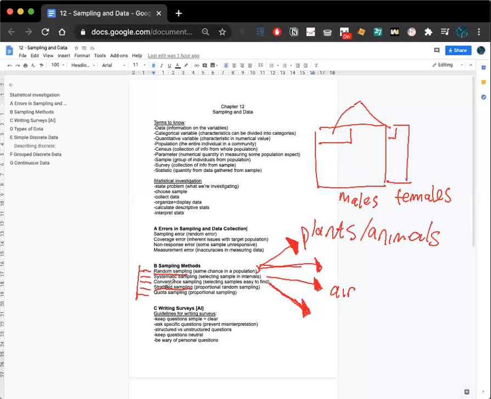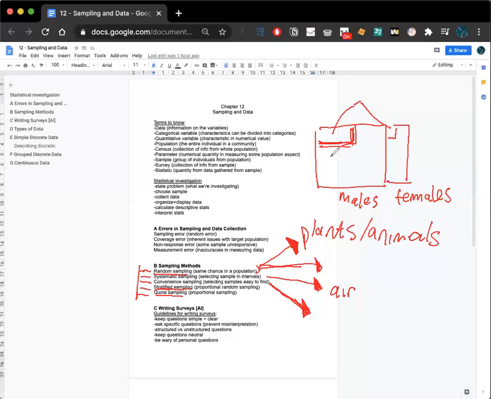Basically, stratified sampling is similar to quota sampling, but the only difference between them is that stratified sampling is proportional random sampling. So for quota sampling, for example, if we have these males and females divisions, the males will be taken in a certain group, like a certain quota.